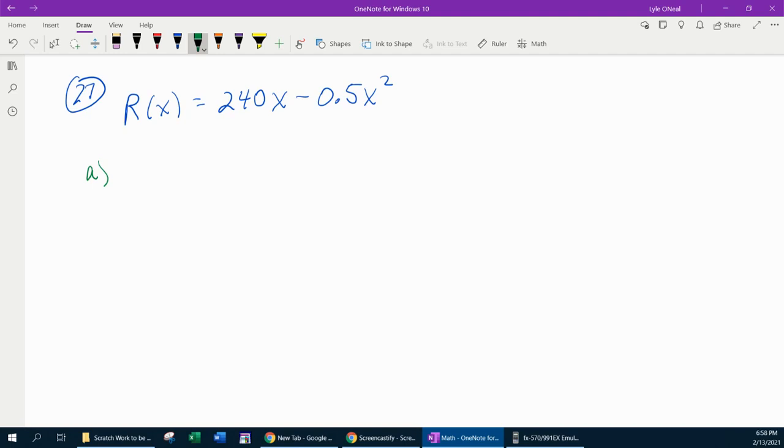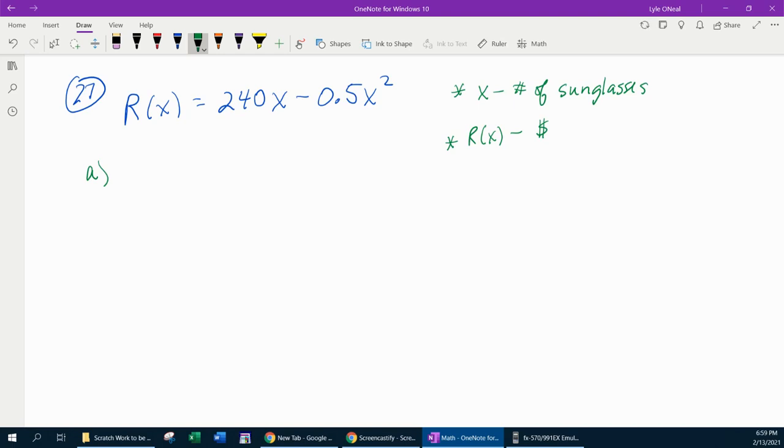And so right off the bat, we're going to make a note here. x is the number of sunglasses produced, and that means that R of x, remember the function notation represents y, so you could say in this case y represents money. The total revenue is the amount of money they make.